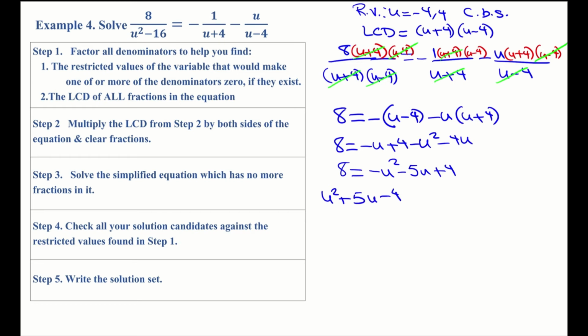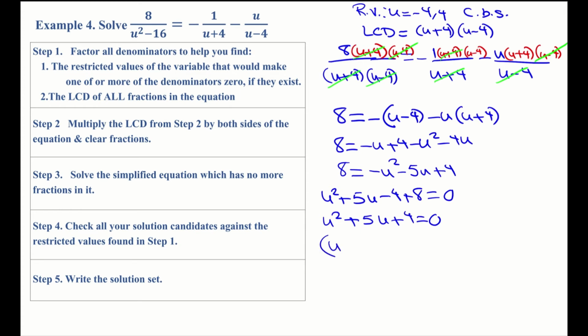We just moved these three terms to the left side, and of course they all change signs, because when you change sides you change signs because you're adding the opposite to both sides. And the 8 is already there, so that one remains positive because it doesn't move. And we have 0 left on the right side, so we get u squared plus 5u plus 4 equals 0.